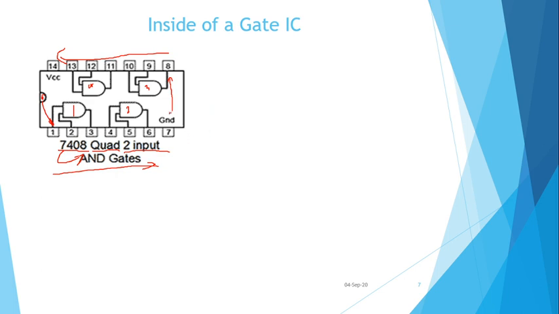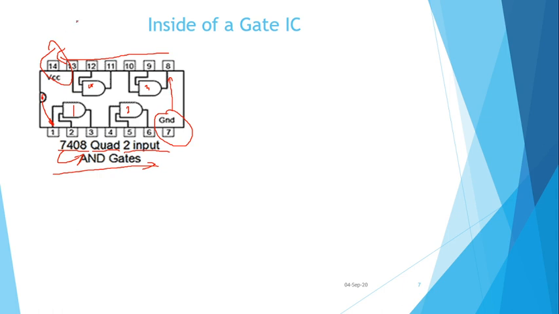Same is the case here. For every IC, every integrated circuit or every chip, we need to have this VCC and this ground. It is compulsory, and if you miss any of these, your IC probably will not work.